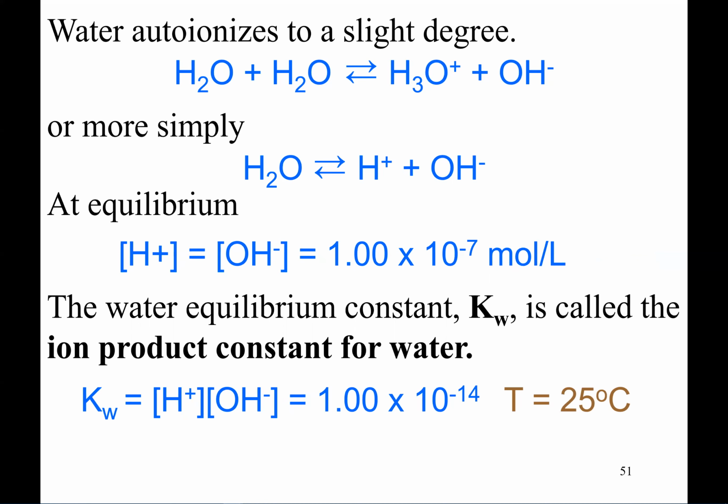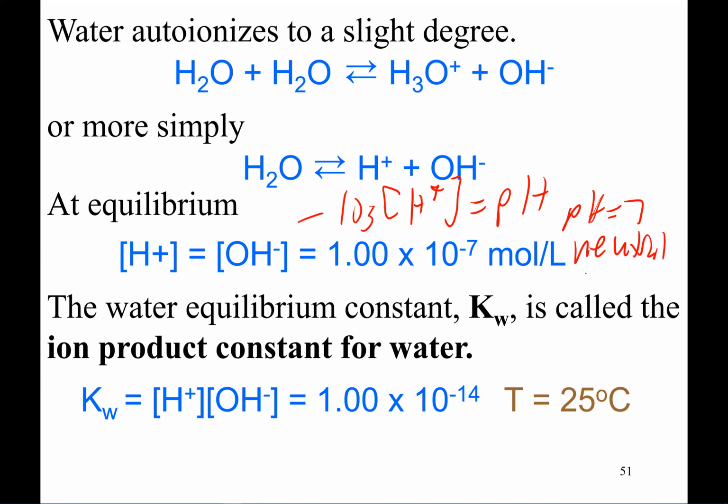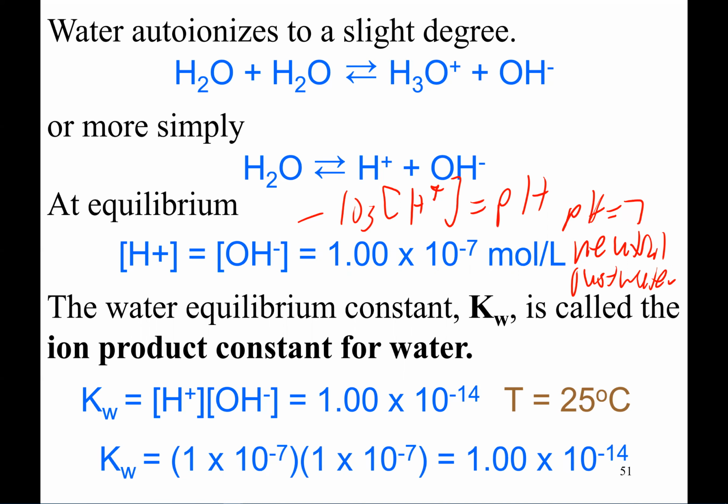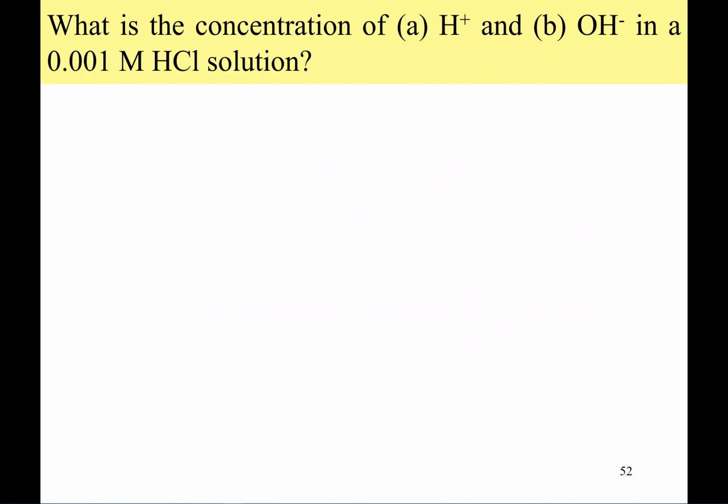And that's what's involved here, because essentially if you have the negative log of the hydrogen ion concentration, which is defined as the pH, you plug this value in here and you get a pH equal to 7. That is officially neutral for just water. Okay. And then you have the KW like that, 1 times 10 to the minus 14.